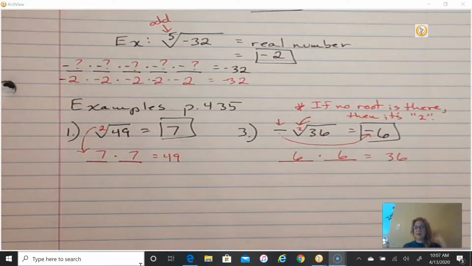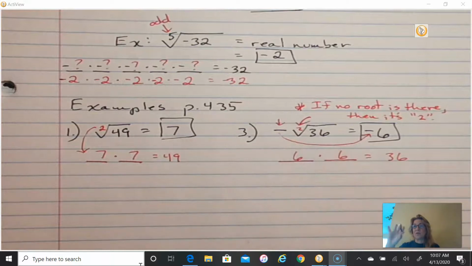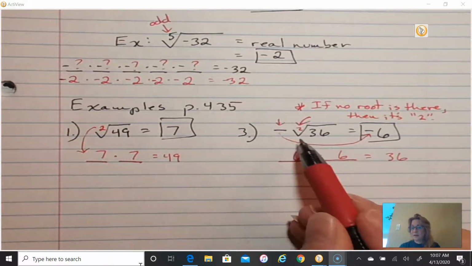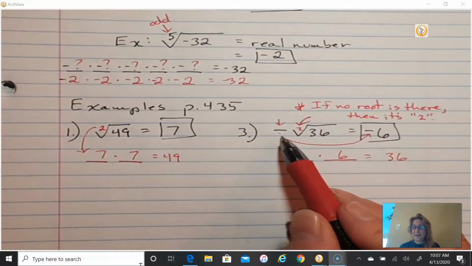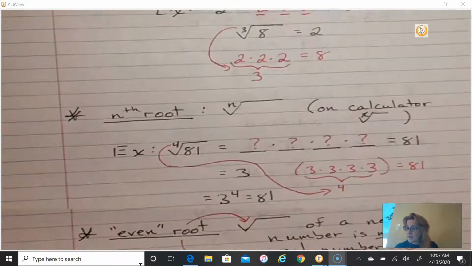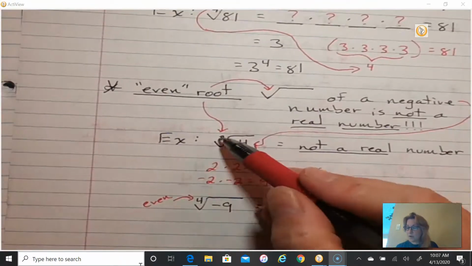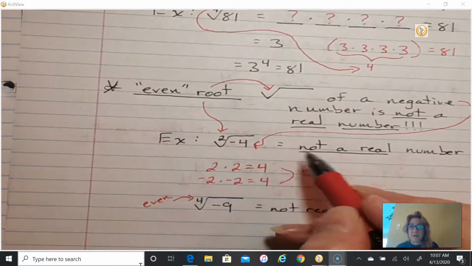It's just automatic. Notice the negative's not on the inside here, so you don't have to worry about all that. It's okay if this is an even root because the negative sign's on the outside. What we had talked about is if there was an even root and the negative was on the inside, then it is not a real number.